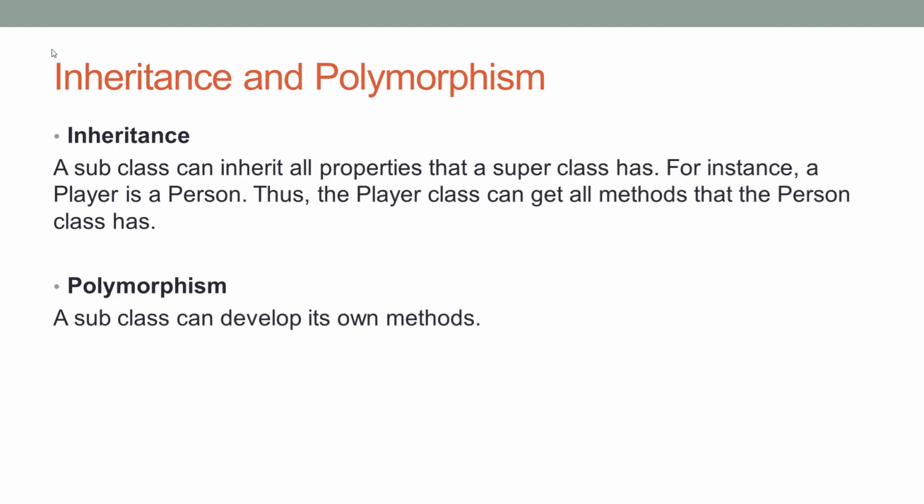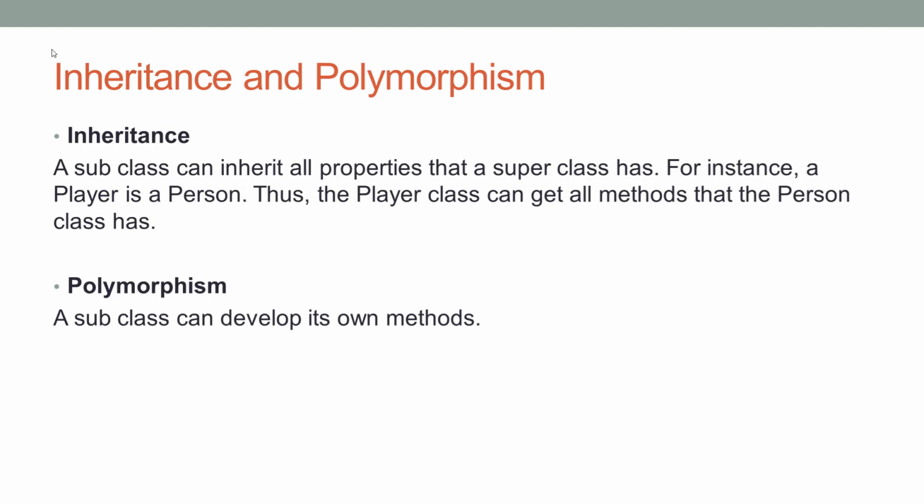This is the example of inheritance. Of course, I will show you the code later in this lecture. Let's remember the definition of inheritance. Inheritance refers to a process in which a subclass can inherit all properties that a superclass has.